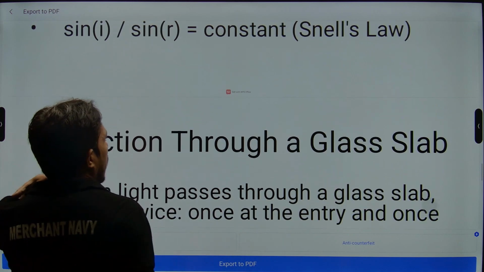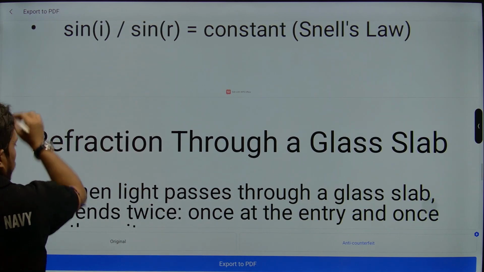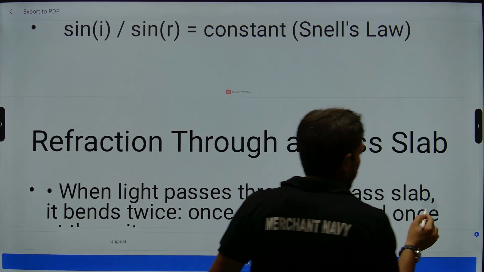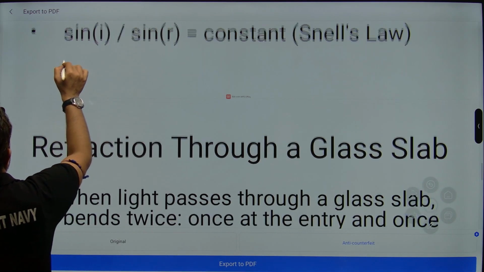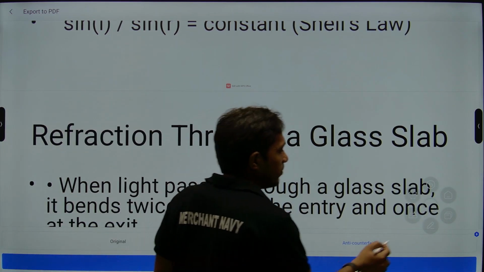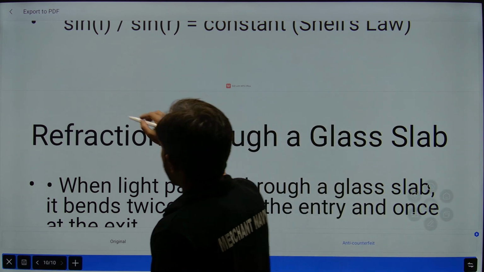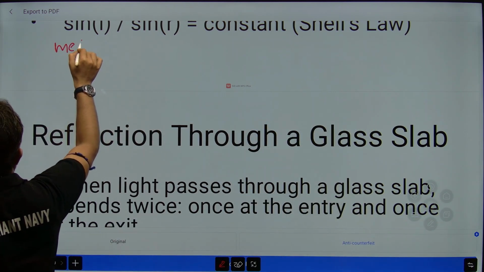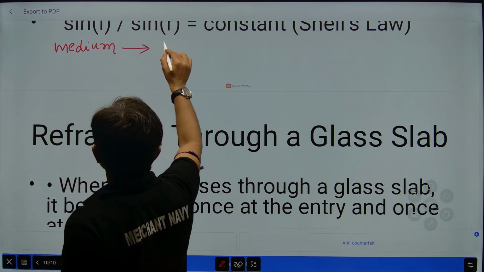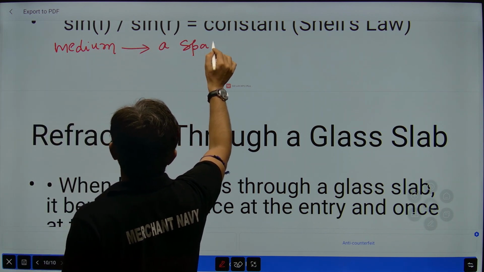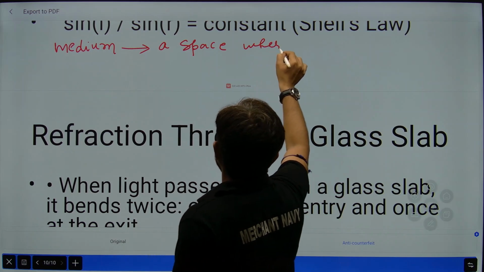Does anyone have a doubt with respect to what we have read here, with respect to medium? Medium means a space where light can travel.